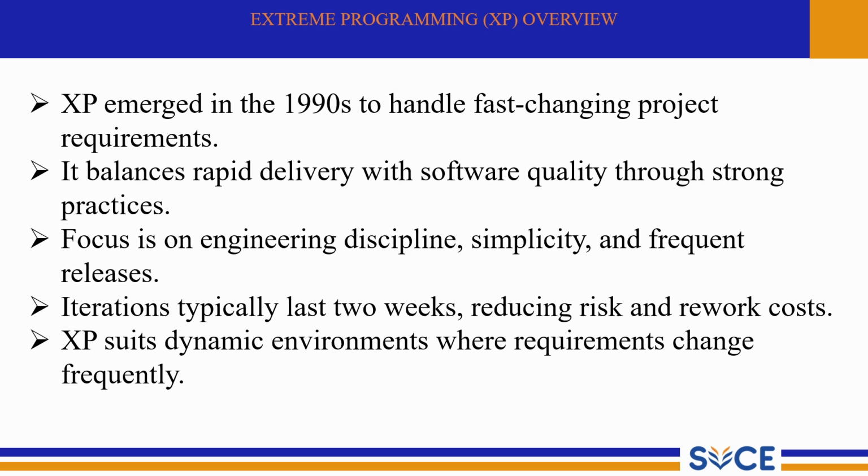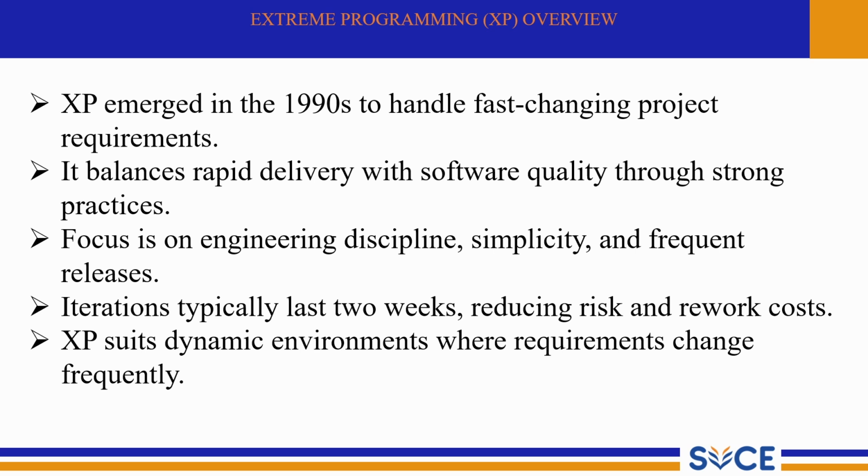Iterations typically last 2 weeks, reducing risk and rework cost. So each iteration is short, usually 2 weeks. This allows the team to identify mistakes early, adapt quickly and avoid wasting months on features that may not even be needed later.